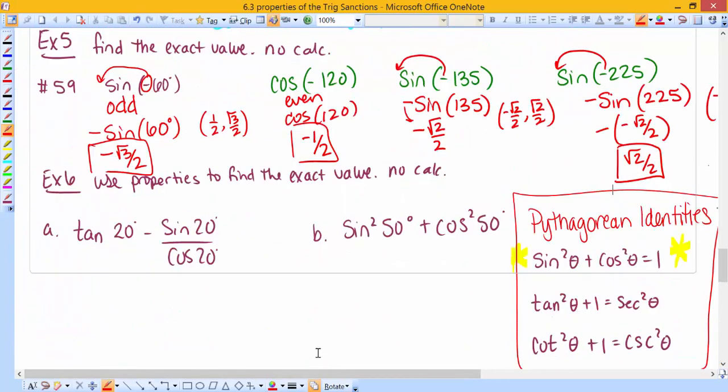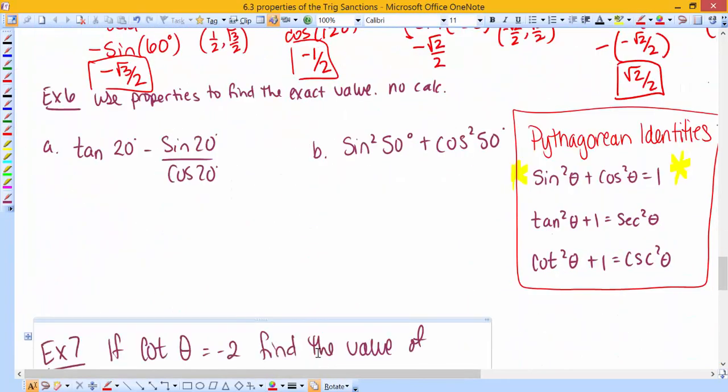All right, let's move on to example 6. Use properties to find the exact value. Think of the reciprocal identities, the quotient identities that we already saw. Sometimes you have to use the even, odd properties. There are 3 more identities here. These are called Pythagorean identities.